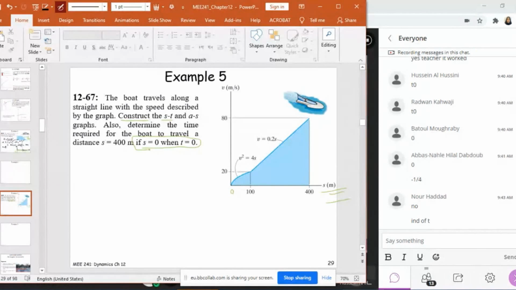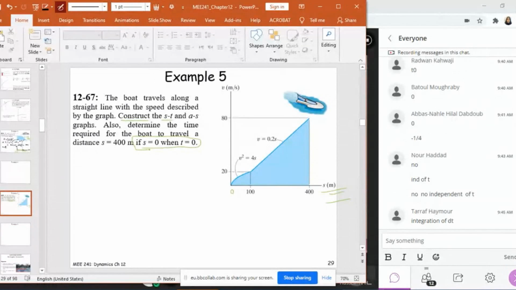I ask you what should be the equation used in order to construct S versus T if I know V versus S, the equation used. What do you think, guys? Your colleagues in the first question answered me correctly. Independent of T? No. I should find S versus T, so it should be dependent on T. I should have an equation to start with in order to find S versus T.